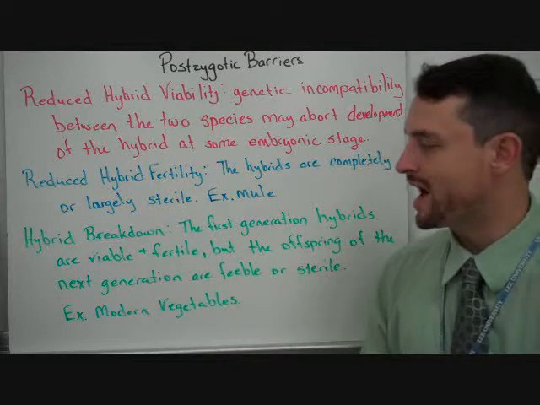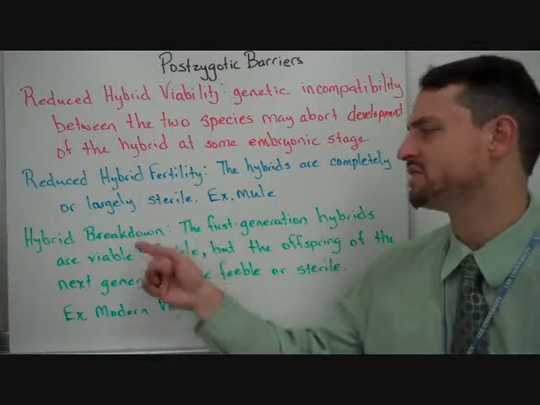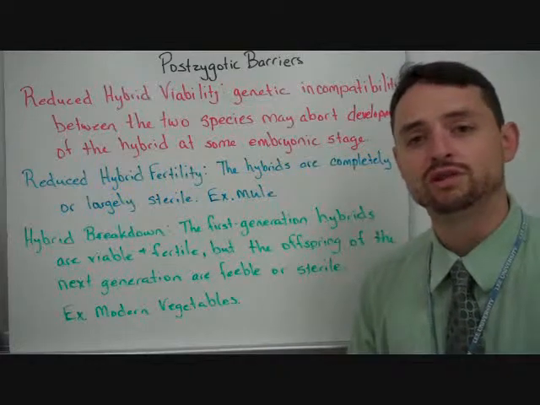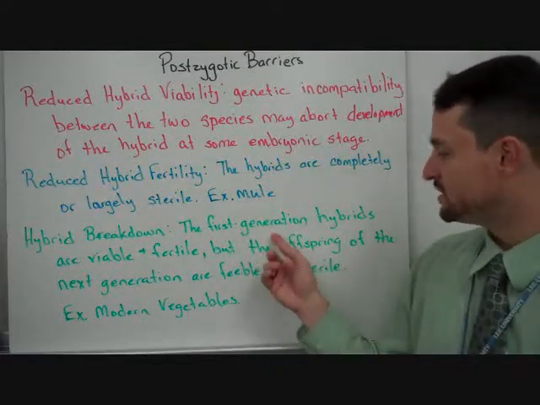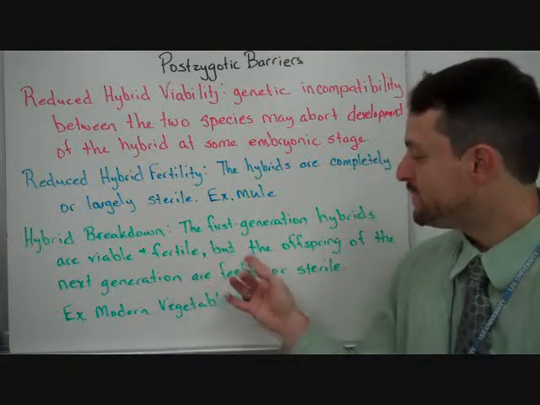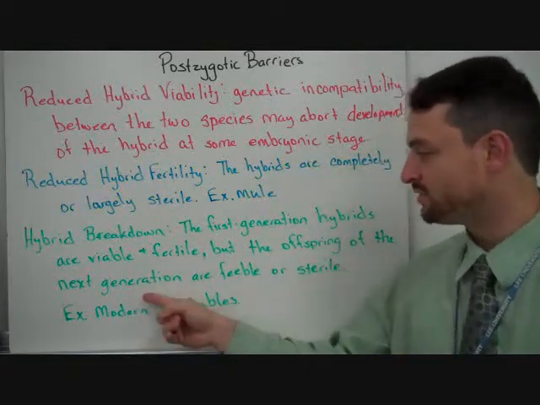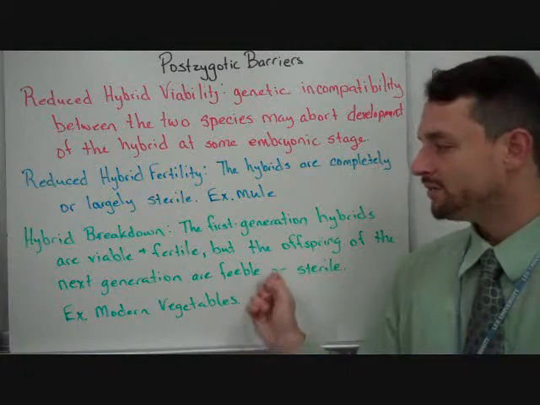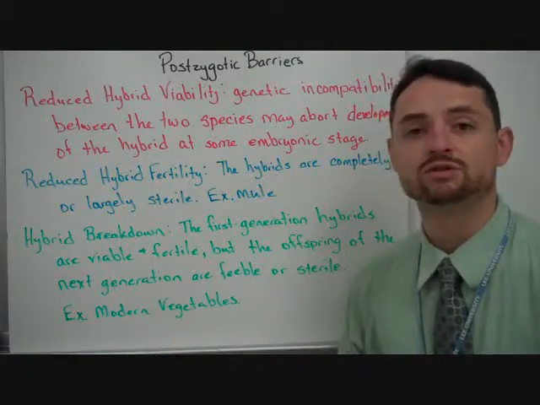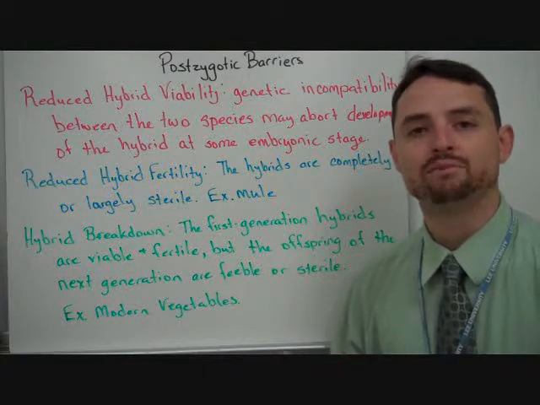The last one is called hybrid breakdown, and this one's kind of hard to understand sometimes, but it's one that you're actually more familiar with than you realize. This is where the first generation hybrids are viable and fertile, and everything looks great. But the offspring of the next generation are feeble or sterile. The reason I said you're most familiar with this one is because a lot of the modern vegetables that you eat are hybrids.